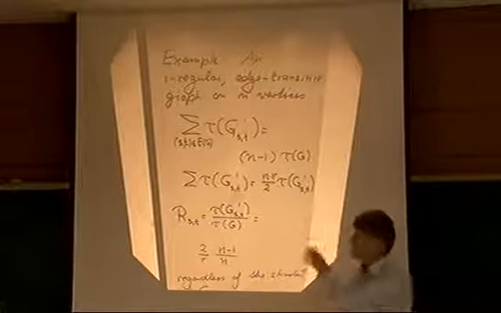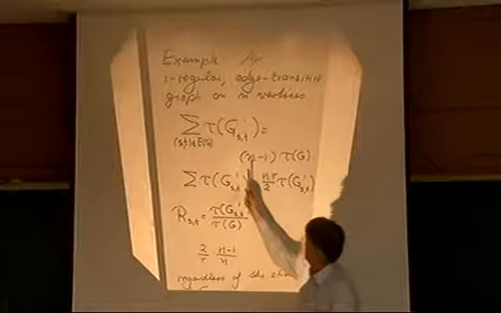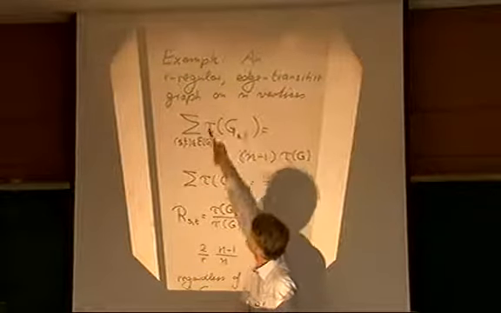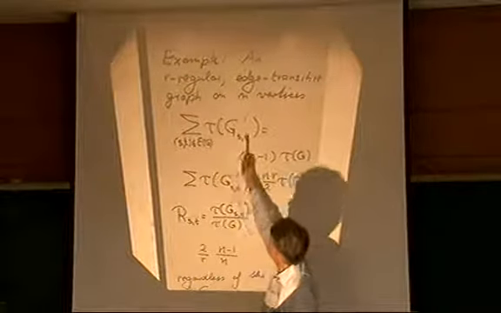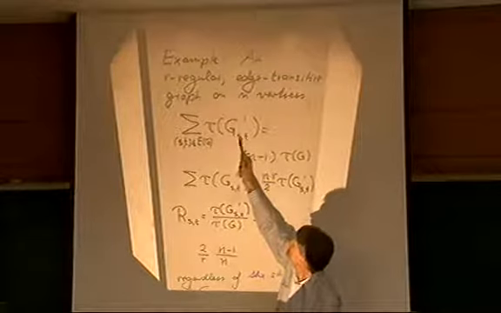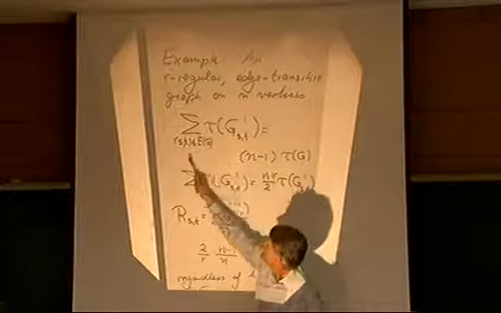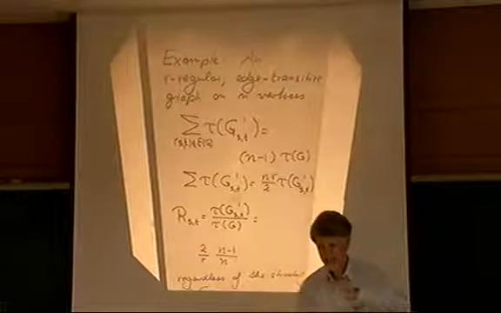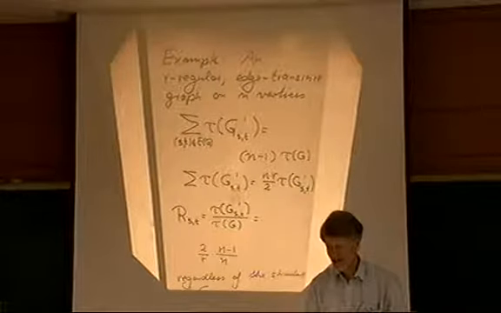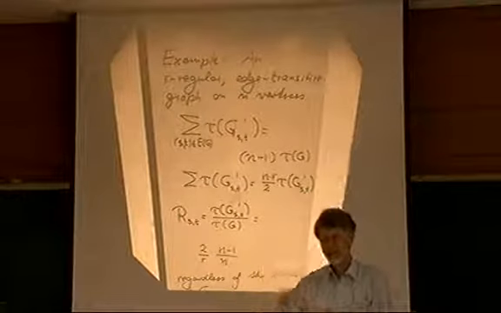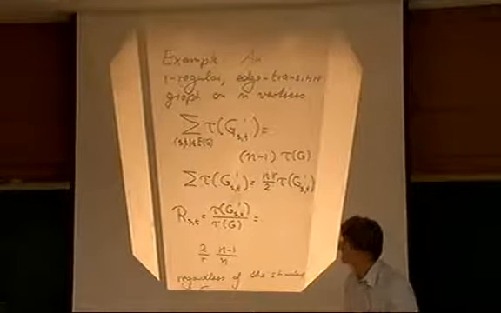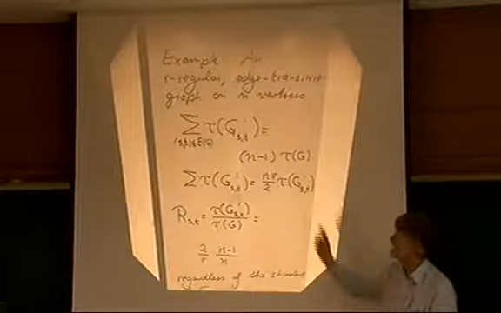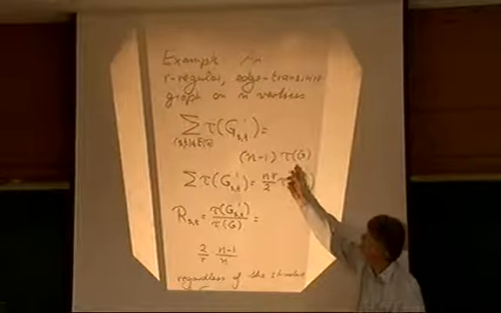In such a graph, this becomes very nice, because let me make the summation of all these numbers here. What we have here is the number of spanning trees containing this edge between S and T, and I make the summation over all the edges. For this edge, I count the number of spanning trees going through it, for this edge, I count the number of spanning trees going through it, etc. I count all the spanning trees.